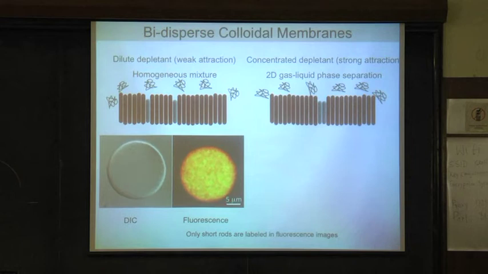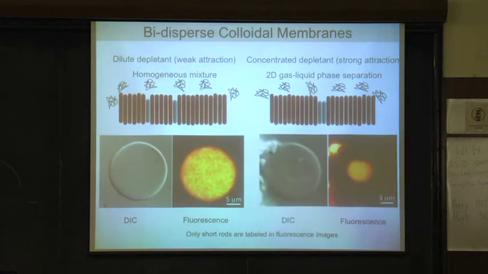So the yellow and red doesn't really mean anything, it's just intensity fluctuations. And then we also found the bulk phase separated regime, where all the short rods are in this one large cluster and the long rods are in the background. In the fluorescence picture, the long rods are not visible because they are not labeled.